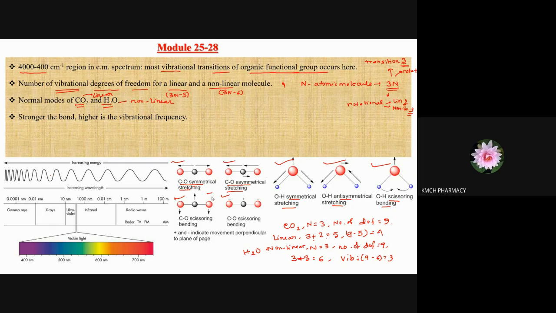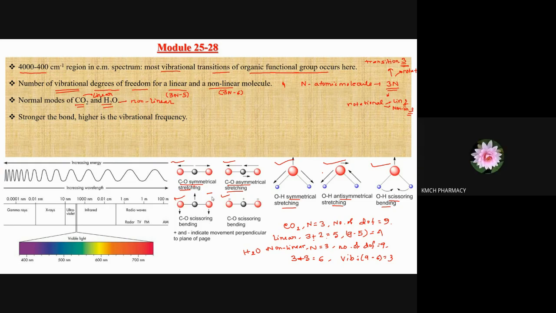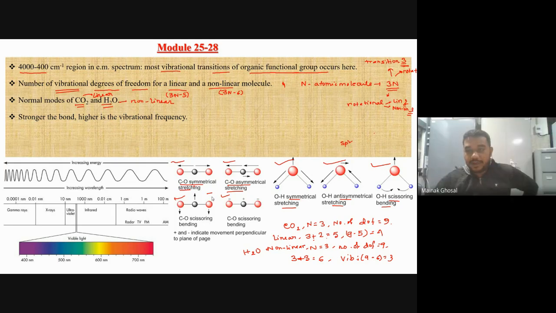Okay, that's a very good question. Generally, chemistry people understand which is a linear structure and which is a non-linear structure. But if you are not from chemistry, it's no worry. You know about hybridization, sp2, sp3. Suppose I give you the structure of benzene.